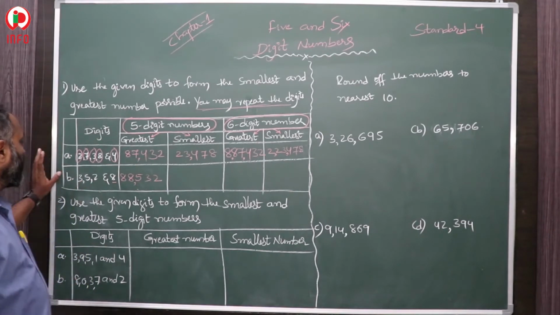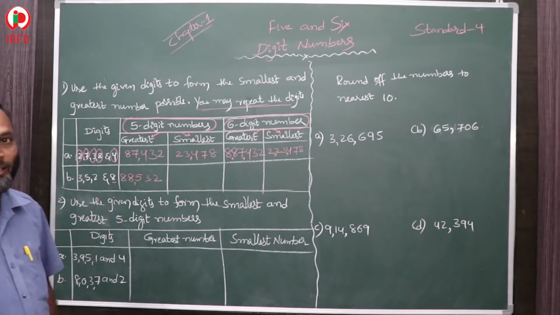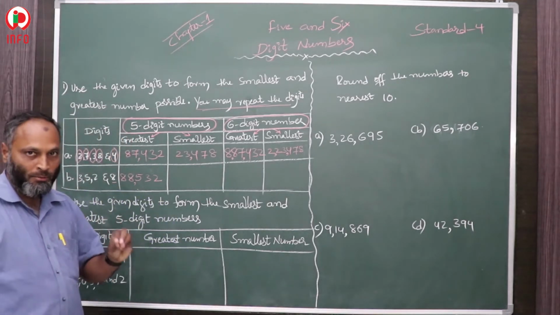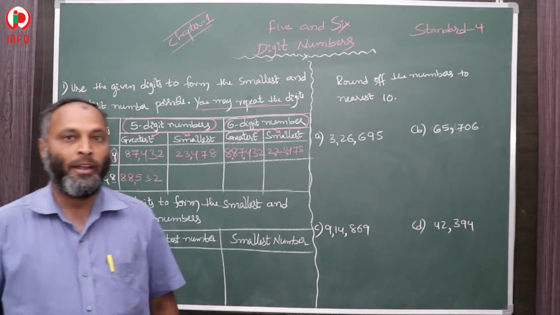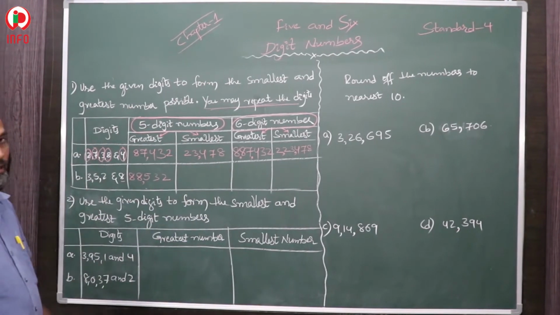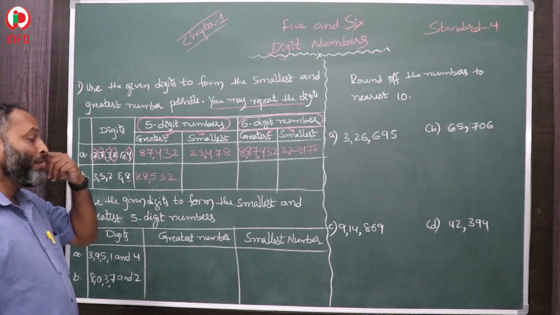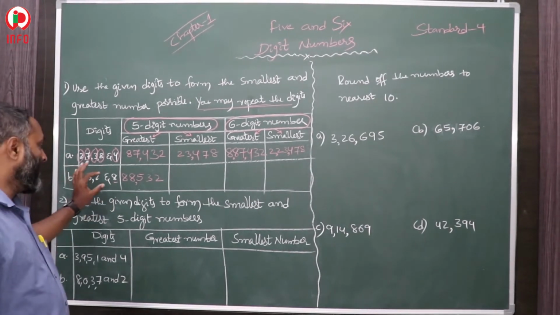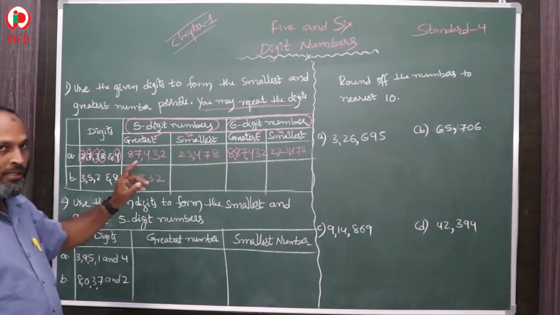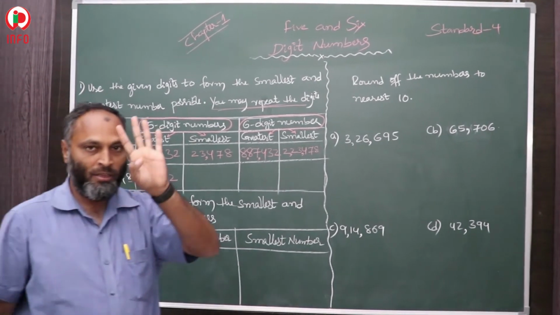Nice, friends. Now here 4 digits were given. Using these 4 digits we have to make a 5-digit smaller number and also a greater number. Then how do we make it? Here 1 digit is less, so first we check which is the greatest value. 8 is the greatest value, so first we take 8. Here we need 5 digits but we have 4.